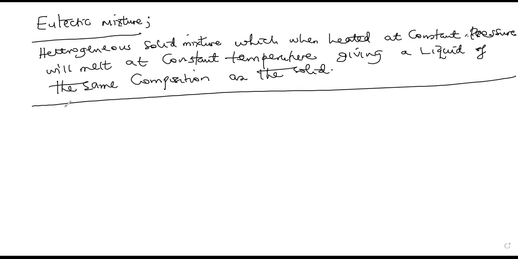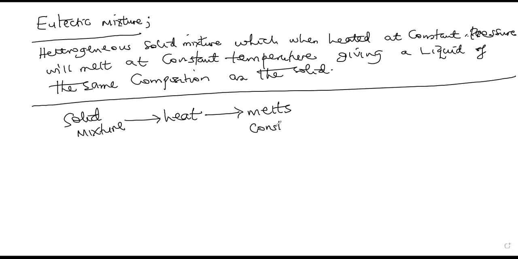We shall have another alternative definition, but you know, when I have a solid mixture, I heat it, it melts. But melting takes place at constant temperature. When the substance melts, it gives a liquid. But that liquid should be of the same composition as the starting solid.